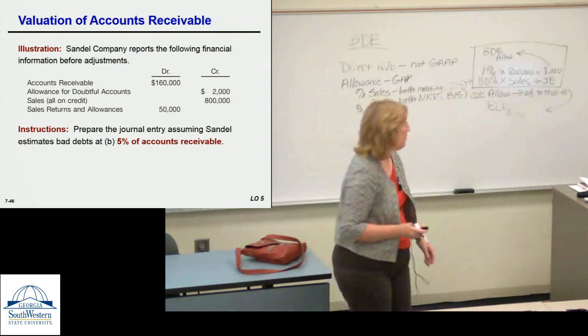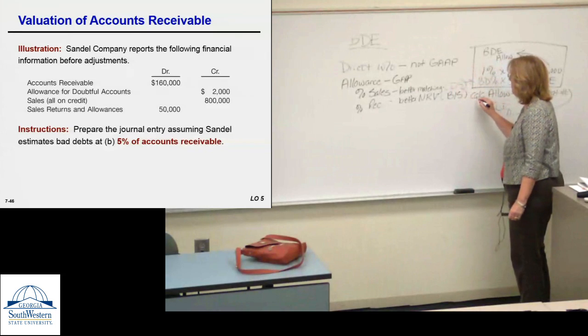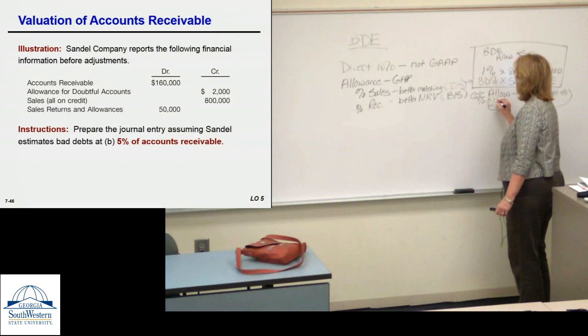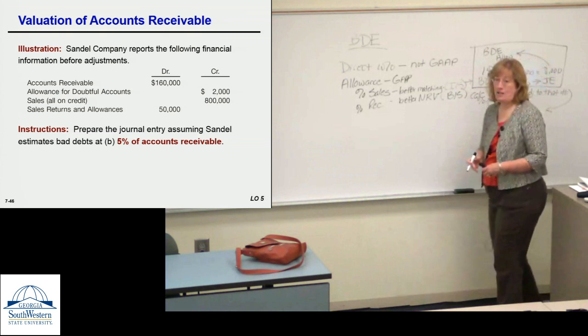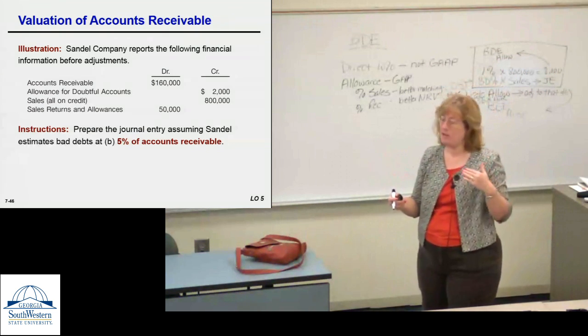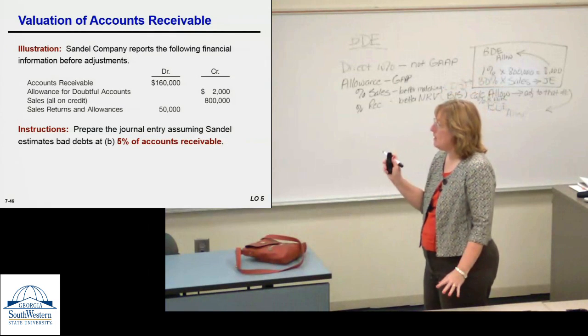So when we calculate that, we multiply the percentage times the accounts receivable balance, right? Or we might have to do that several times with all those different percentages. Okay, let's think about this.